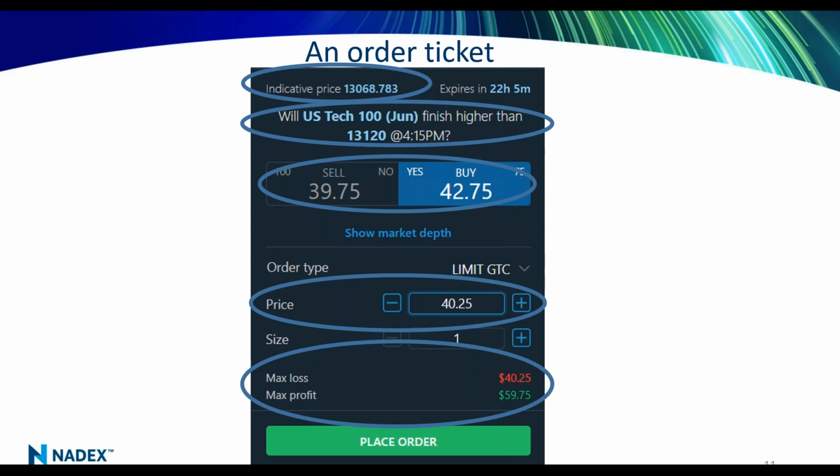Now, I do want to mention there's a couple of numbers that people always ask. On the bid side, the sell 39.75, you'll see a little 100 in the left-hand corner, and you can see on the buy side a little 75 in the upper right-hand corner. That's the number of contracts that are there. If I wanted to sell at 39.75, there are currently 100 contracts bid there. I could sell 100 at 39.75.